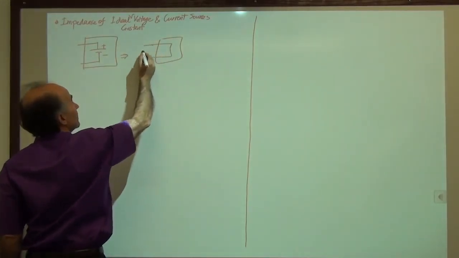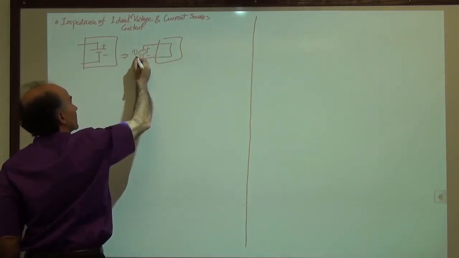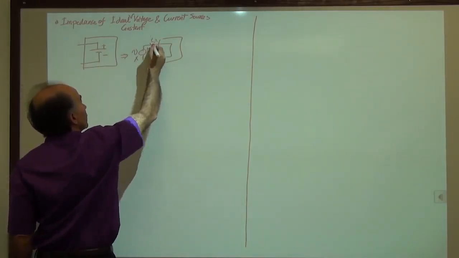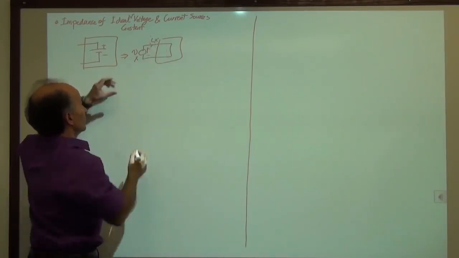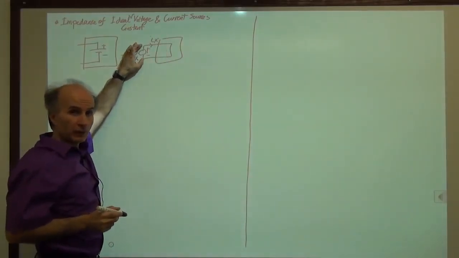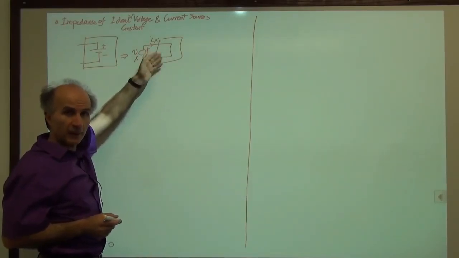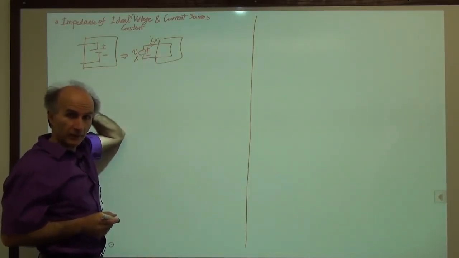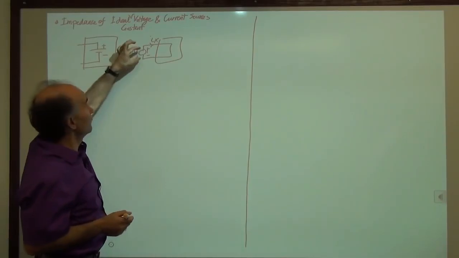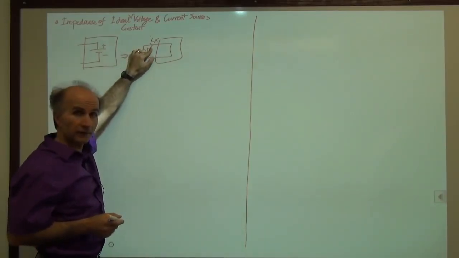And now we need to find the impedance between these 2 points. So for example, we try to do something like this, which is of course difficult because we're trying to apply some finite voltage across a short circuit. That doesn't really work. But anyway, this tells us that the impedance looking between these two is 0, right? Because for any finite voltage here, I get infinite current.